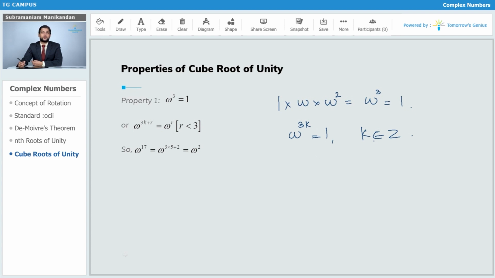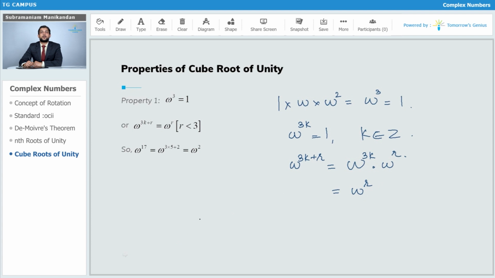So therefore, omega to the power of 3k is equal to 1, and therefore omega to the power of 3k plus some other integer, say r, can be split as omega to the power of 3k times omega to the power of r. Omega to the power of 3k we just saw is equal to 1. So omega to the power of 3k plus r is just omega to the power of r.